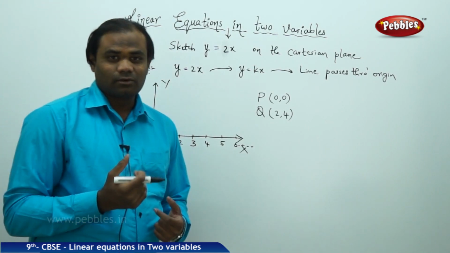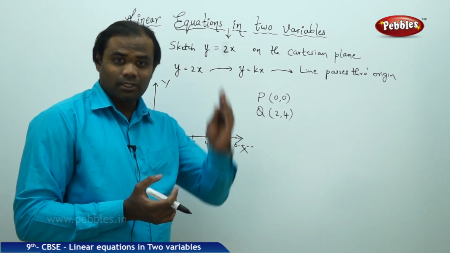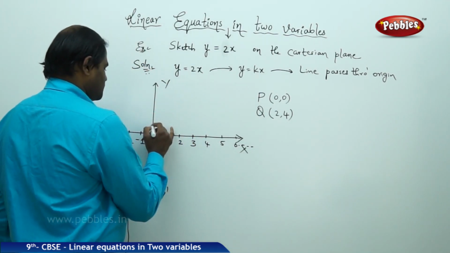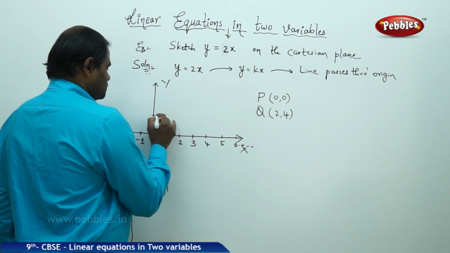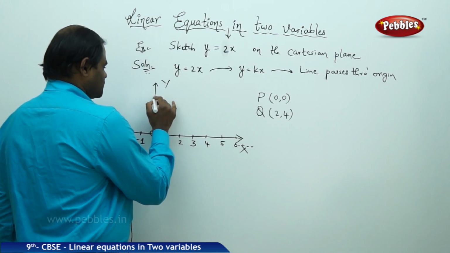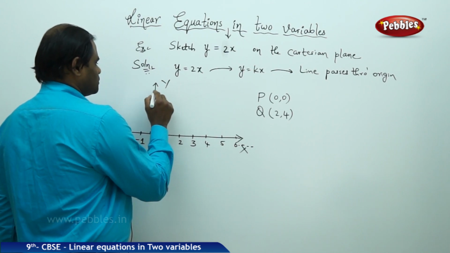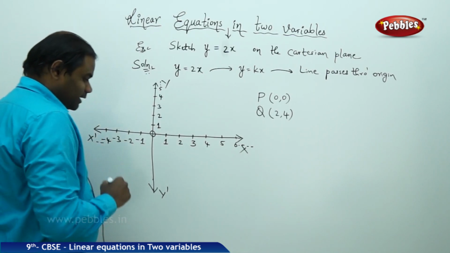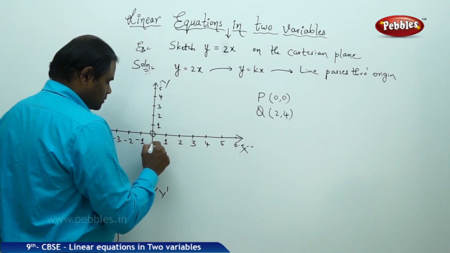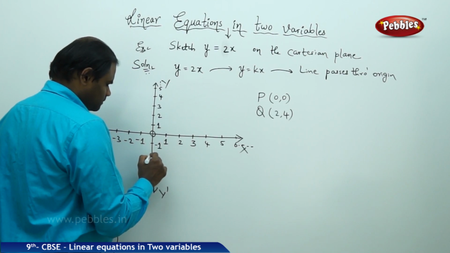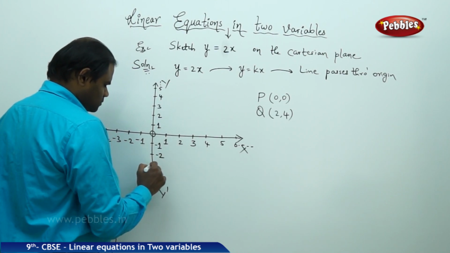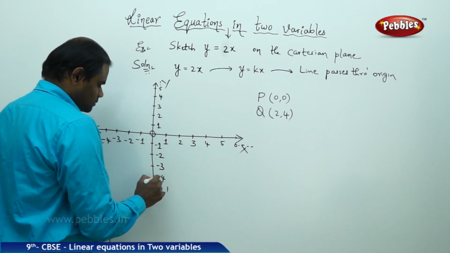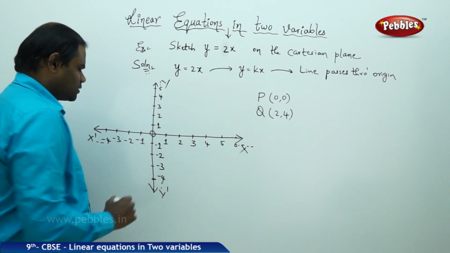Similarly, I take a scale of 1 centimeter equal to 1 unit even on the vertical axis, that is the y-axis. 1, 2, 3, 4, 5, and similarly the values on the negative side of the y-axis being -1, -2, -3, -4, and so on and so forth.